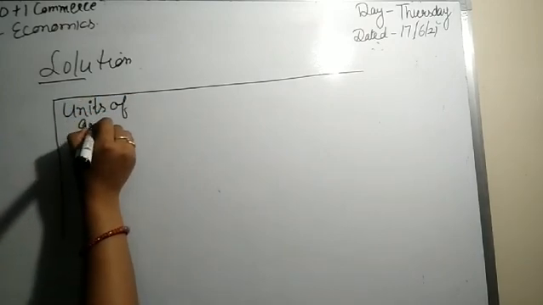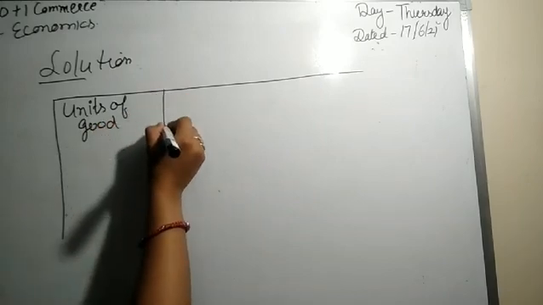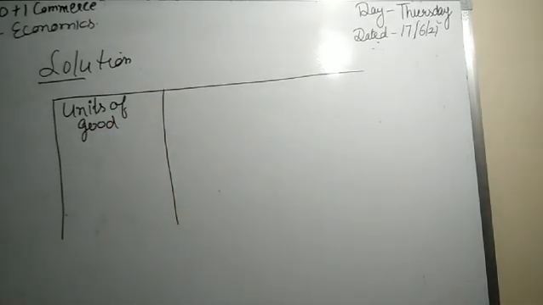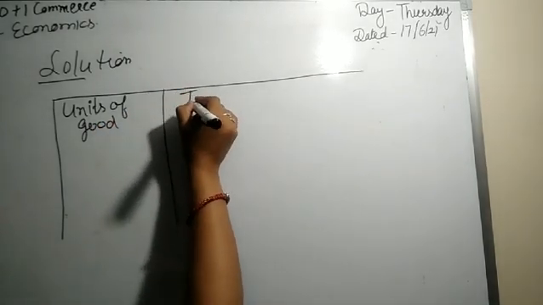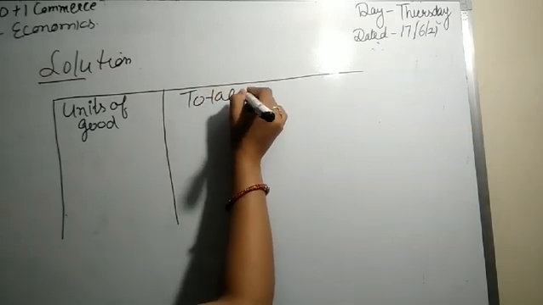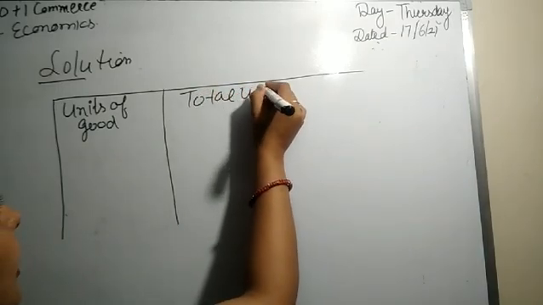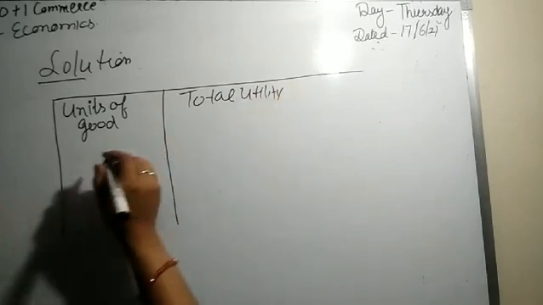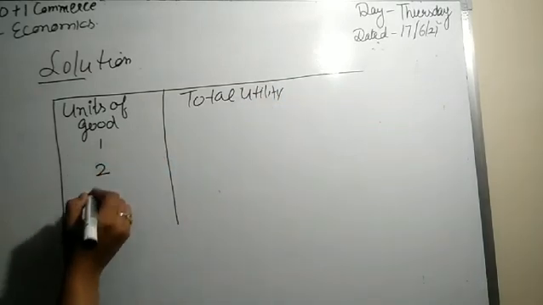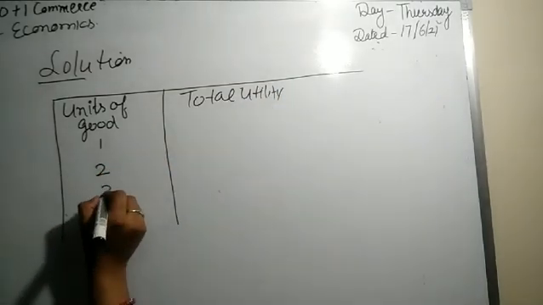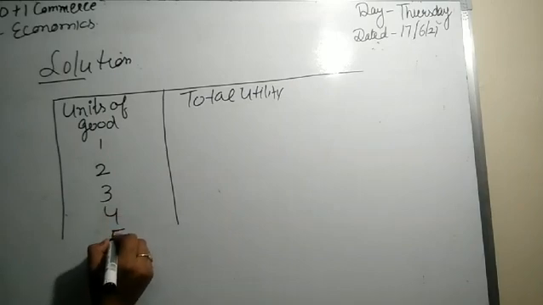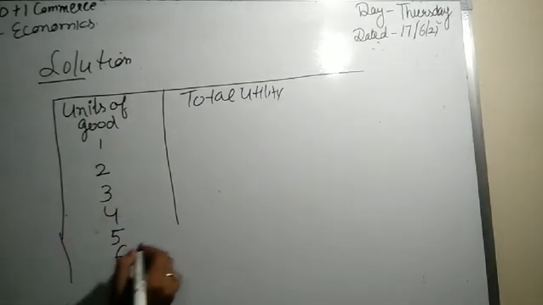Units of good are given, and after that total utility is given. Units are 1, 2, 3, 4, 5 and 6.